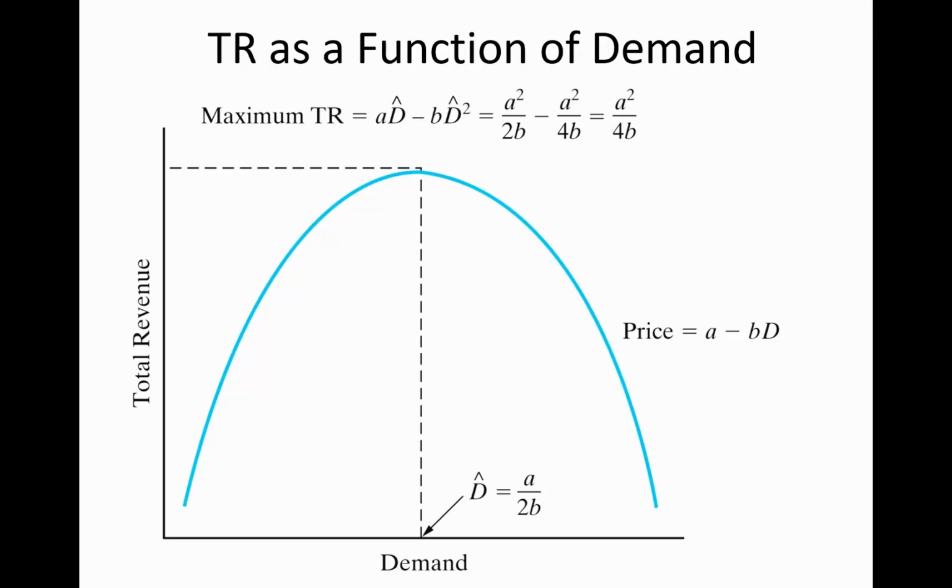Why is it that revenue goes down with additional demand beyond a point? This is tricky, but I bet somebody's got it.